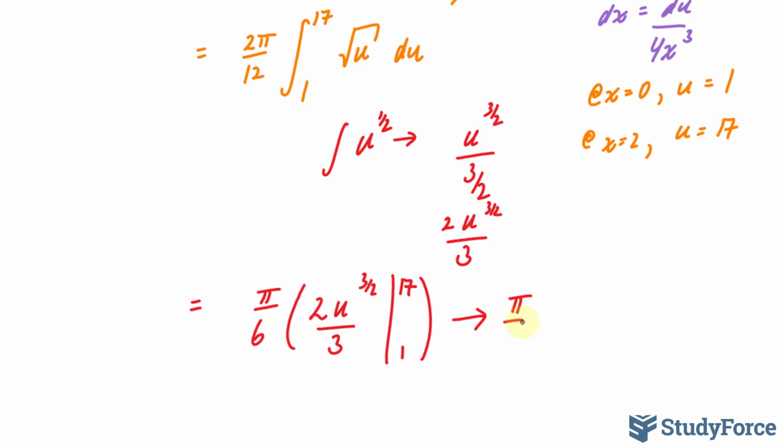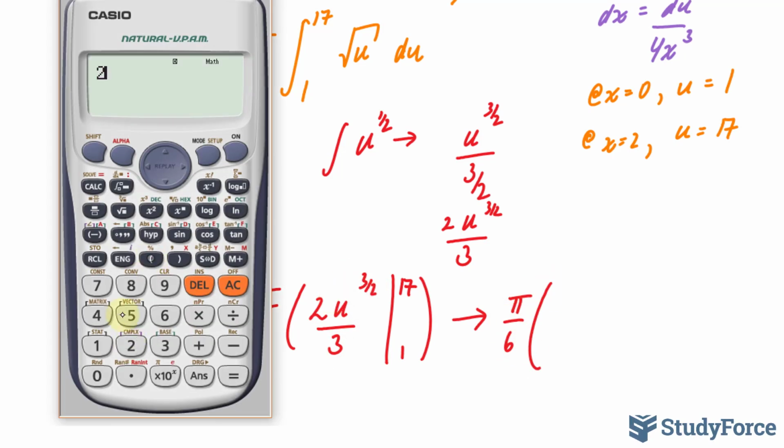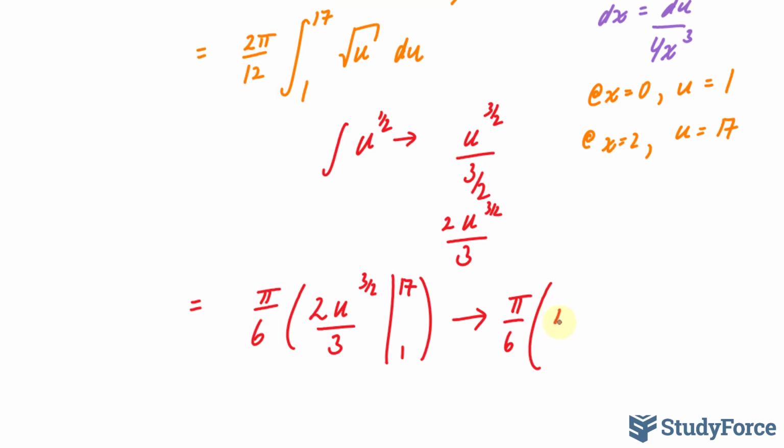So pi over 6, this term evaluated at 17 is 2 times 17 to the power of 3 over 2 divided by 3, which is equal to 46.73. I did a little bit of rounding.